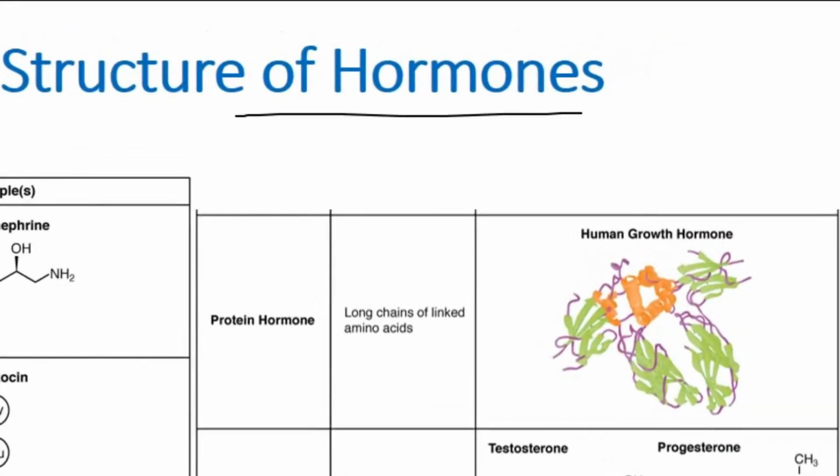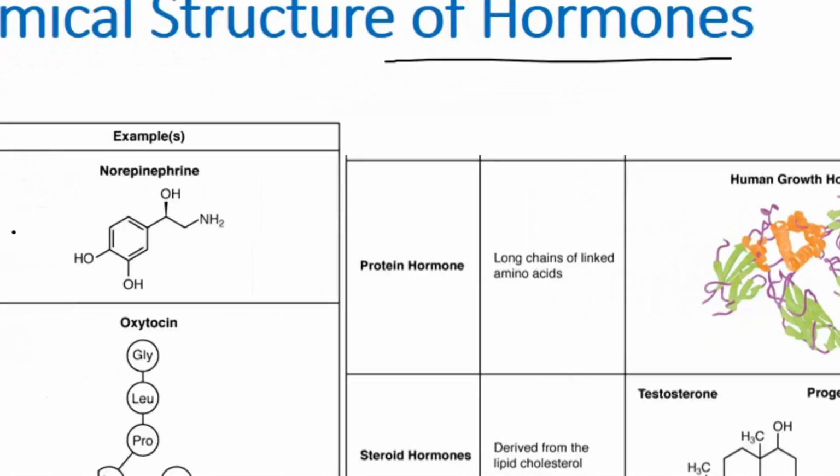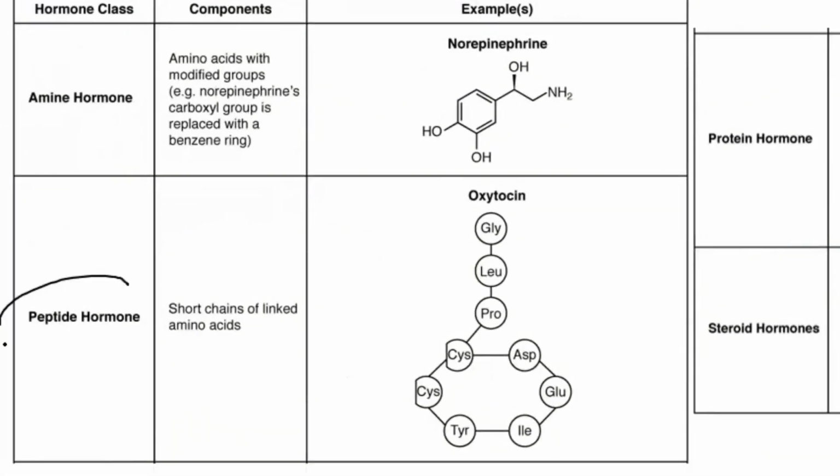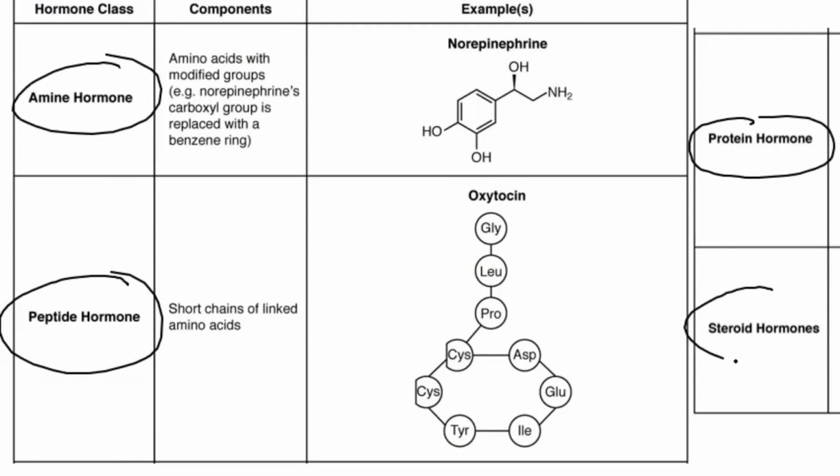Based on the features, hormones can be divided into 4 different classes: peptide hormones, protein hormones, amine hormones and steroid hormones. Now if you begin with the peptide hormone, let's mark it as 1, the first one. Peptide hormones are composed of chains of amino acid sequences that range approximately from 3 to 20 amino acids long.